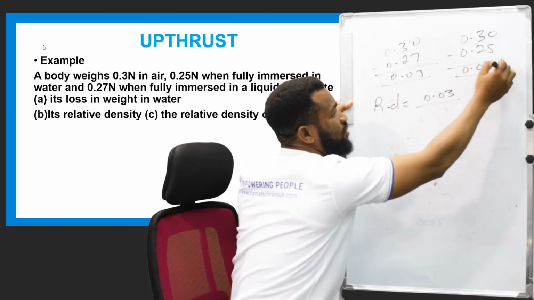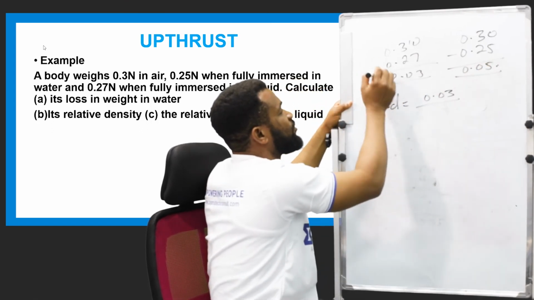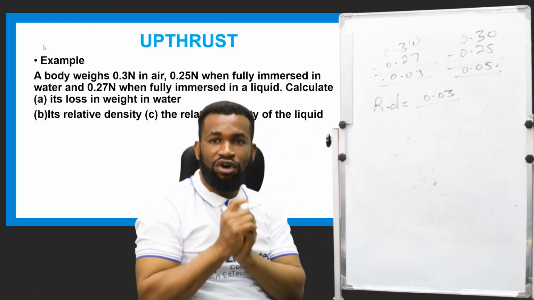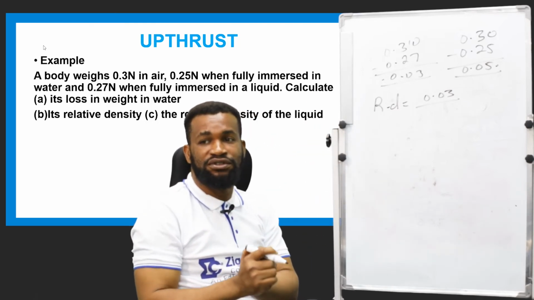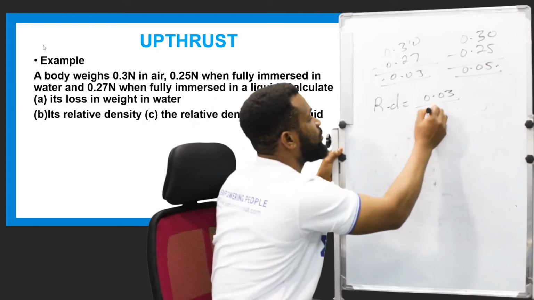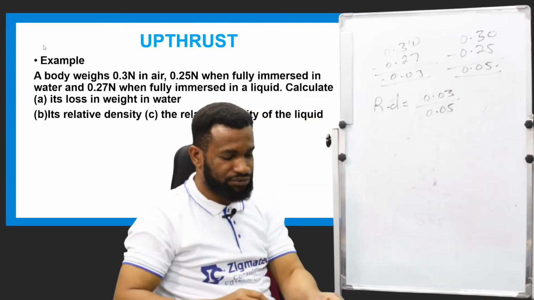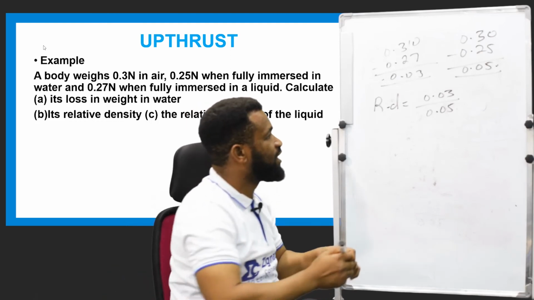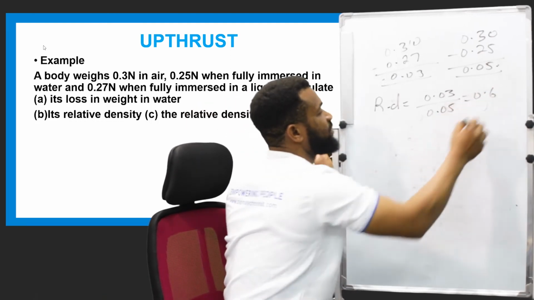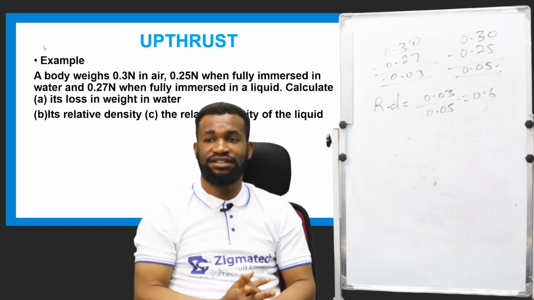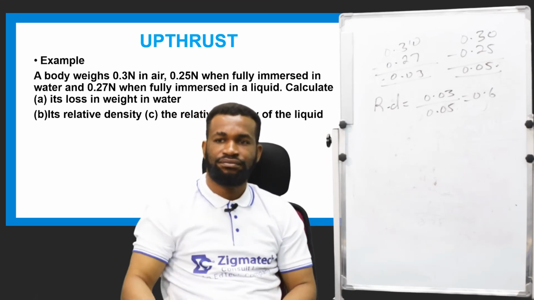So the relative density is the upthrust in liquid, 0.03, over the upthrust in water, 0.05, and that is going to give us 0.6. That is the relative density of the liquid.